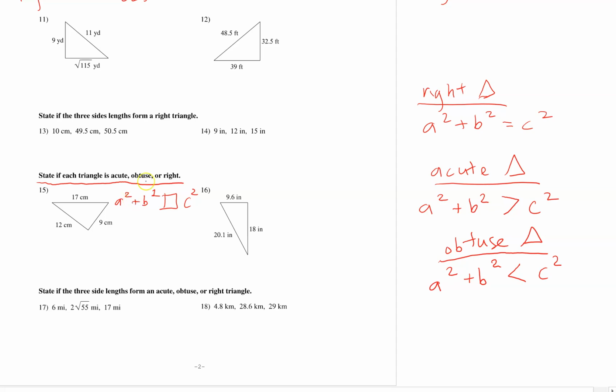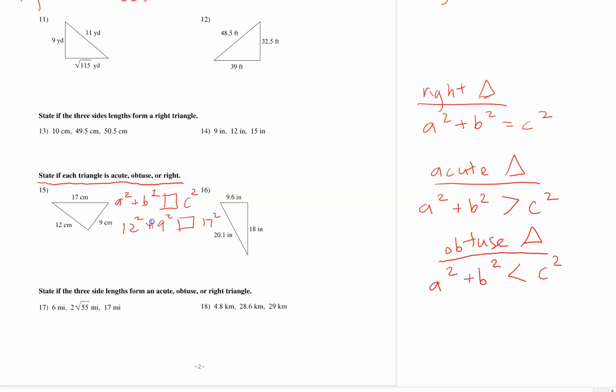So my two smaller sides are going to be my 12 and my 9, my assumed legs. So I got 12 squared plus 9 squared, a box right there, and then my assumed hypotenuse is 17 squared.